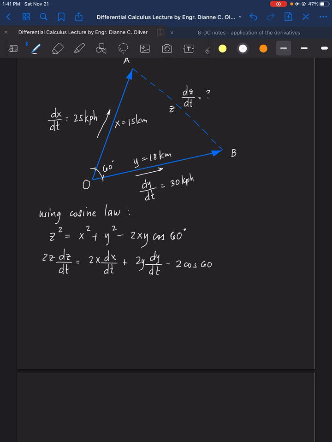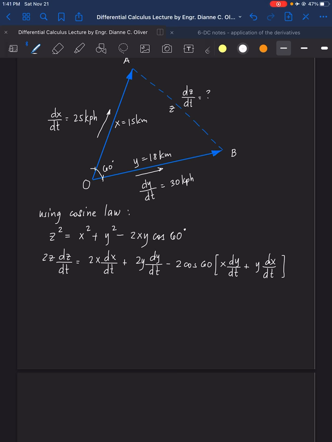By the way, I forgot to mention, the angle here is fixed because as the sides keep on lengthening, the angle still remains the same. Right? Then we have x dy over dt plus y dx over dt.